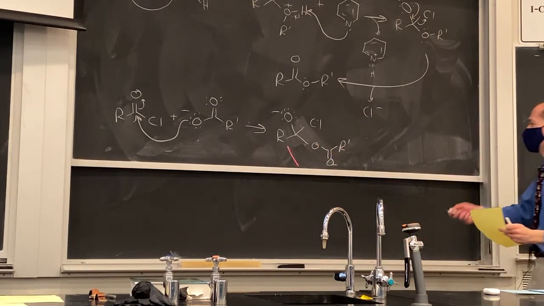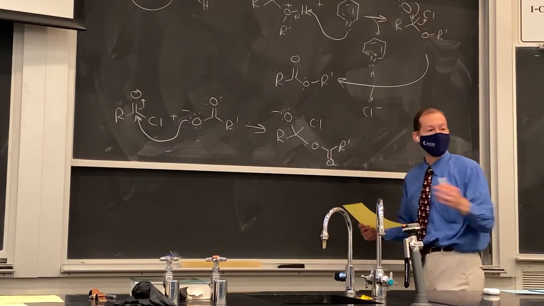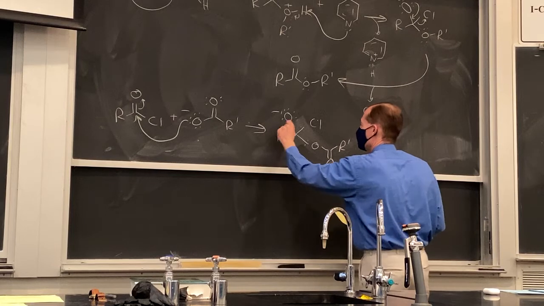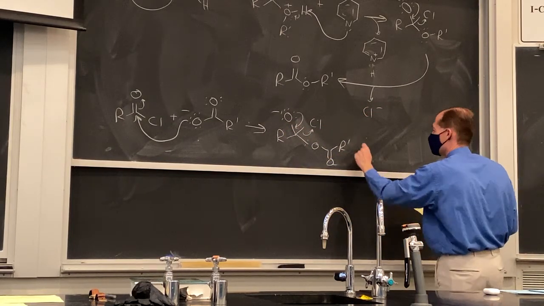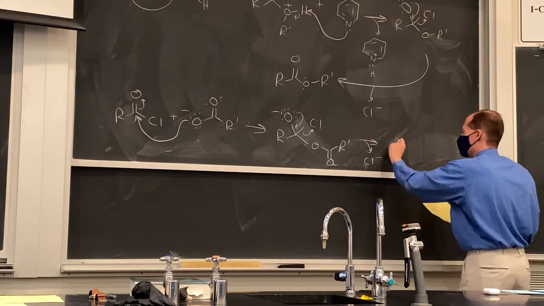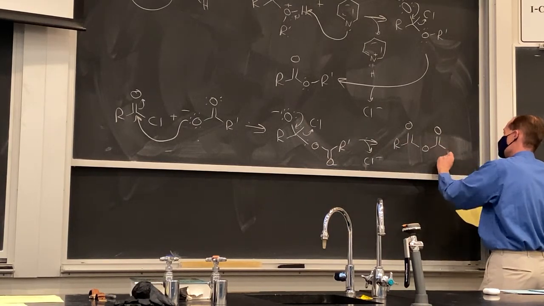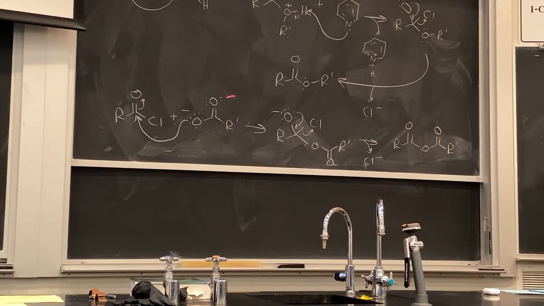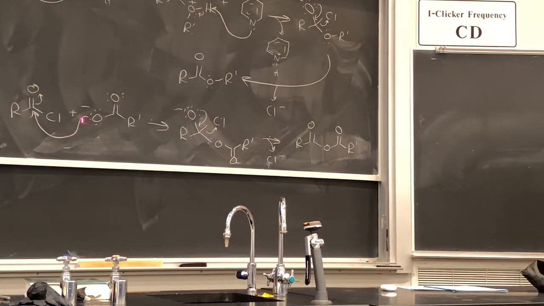Here's the tetrahedral intermediate that is generated. The chloride is a better leaving group than the carboxylate. So when this collapses to reform the carbonyl, we're going to displace the chloride, and our product is going to be an anhydride. So when we're making anhydrides from acid chlorides, we don't need the pyridine because we're not forming acid.